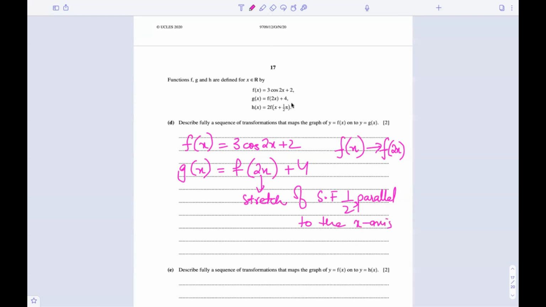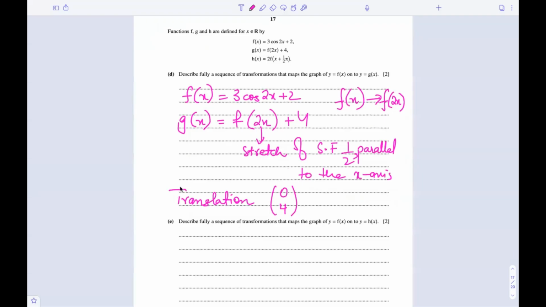And this +4 represents a simple translation in the y direction. So the +4 means that the graph will shift 4 units upward. So we can say that this is a translation with vector (0, 4), as there is no movement in the x direction, and it has a movement of 4 units in the y direction. So basically these are the two transformations that transform f of x onto g of x.